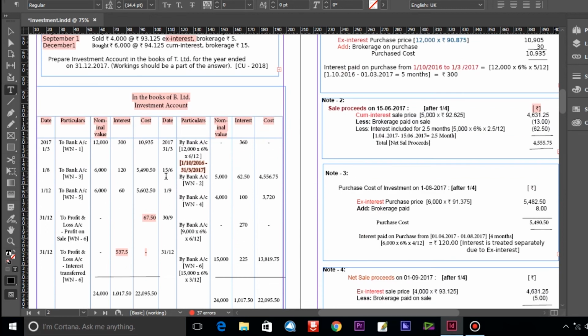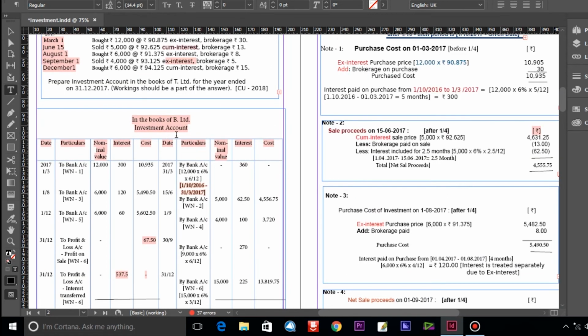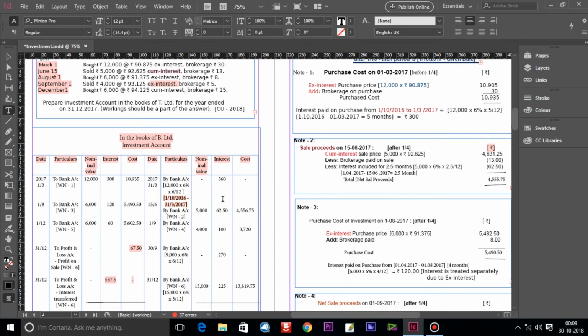We may pass the entry like this, and by bank account rupees 4,000, not 15,000, rupees 4,000, and we have to calculate again under working note 4.